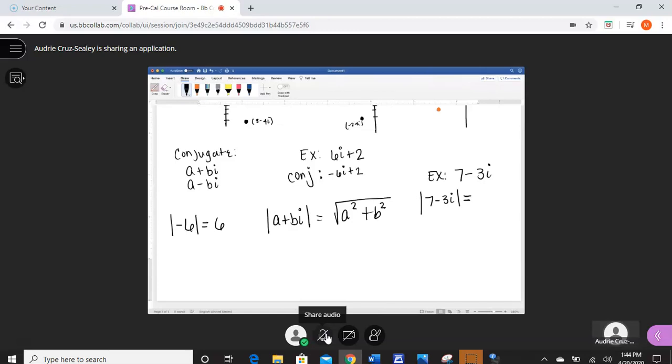What is the modulus of this number? Modulus and absolute value, same thing. So then you would just take the square root of 7 squared plus -3 squared. That gives you the square root of 49 plus 9. The square root of 58.